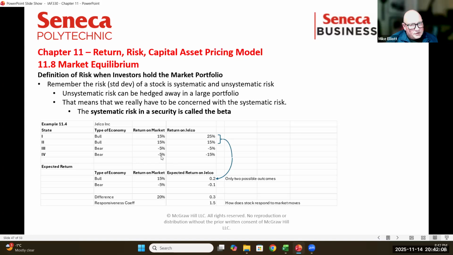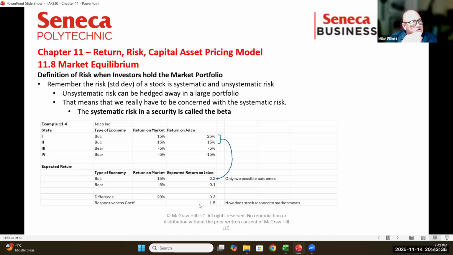If the market falls 5%, we either fall 5 or 15%. So the expected outcome is minus 10%. What's the difference between bull and bear? 15% minus minus 5% is 20%. 20% minus minus 10% is 30%.